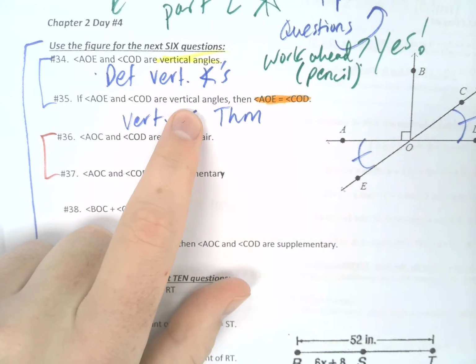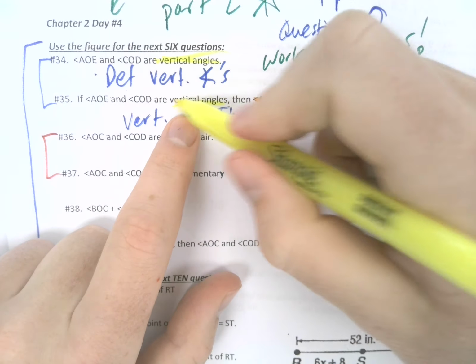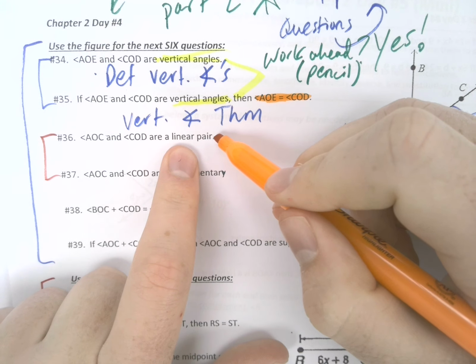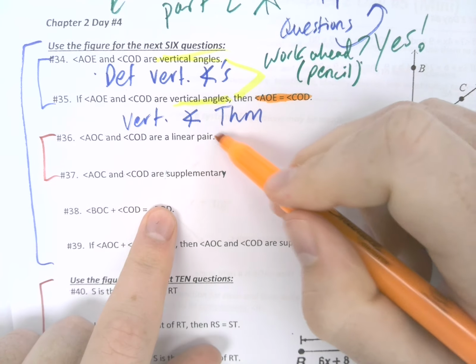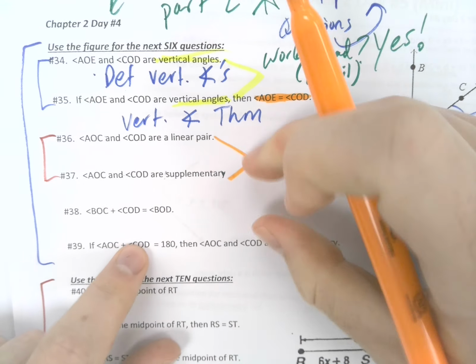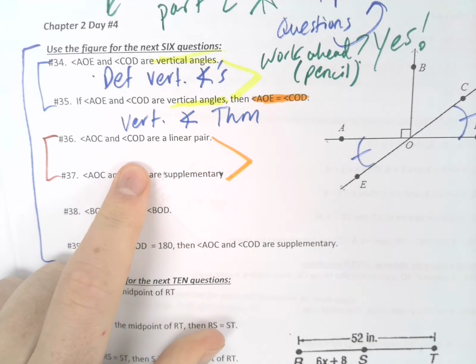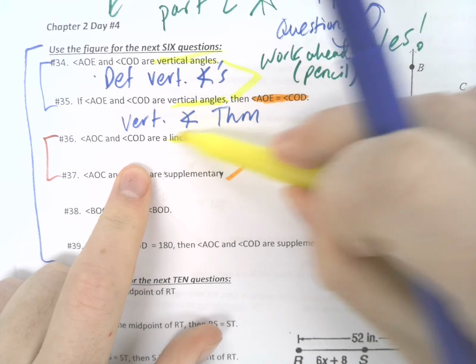So now we're switching from vertical angles to AOC and COD, linear pairs and supplementary. Notice that these two are connected now. If AOC and COD are a linear pair, what lets us state that?